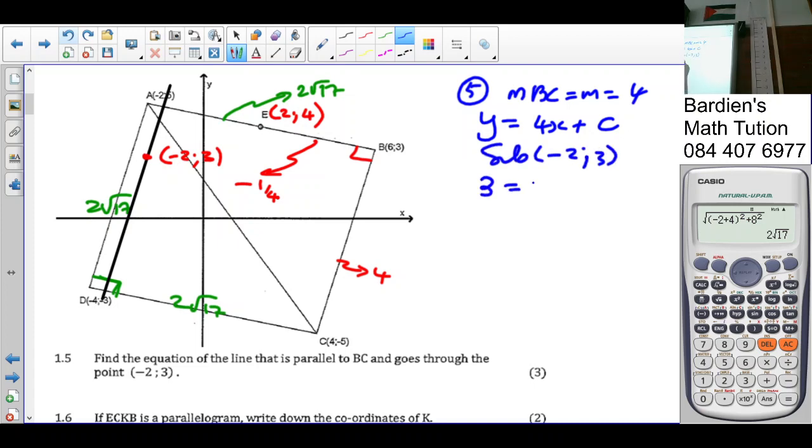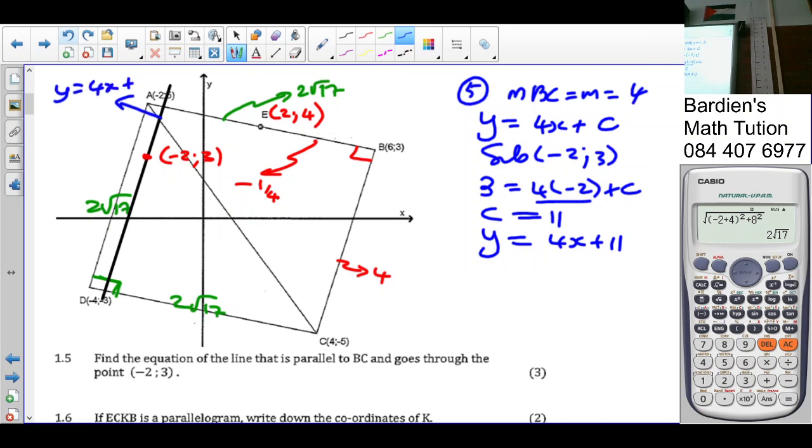So 3 is equal to 4 times negative 2 plus C. So that is negative 8; take it over to become positive. So C will be 11. Did I answer the question now? The equation is Y is equal to 4x plus 11. Okay, you guys okay with that?